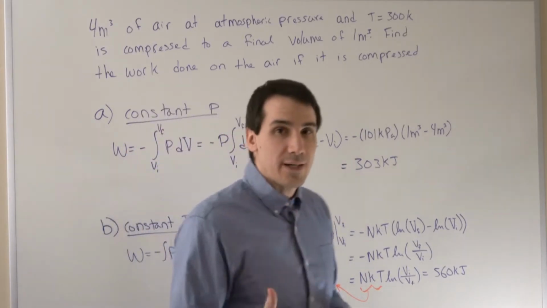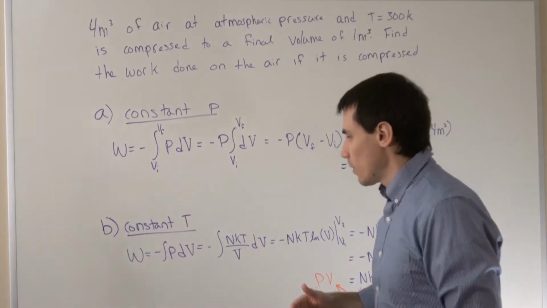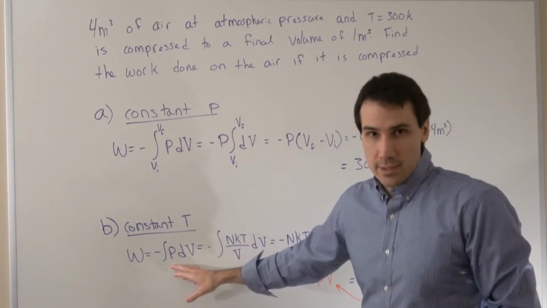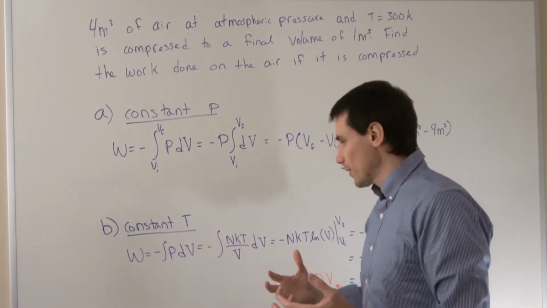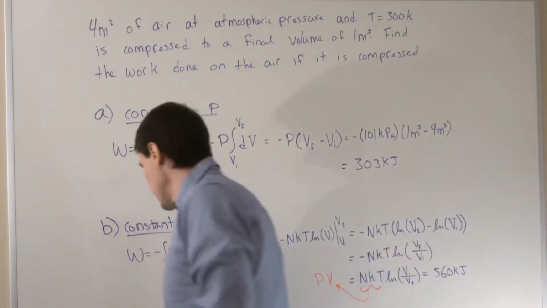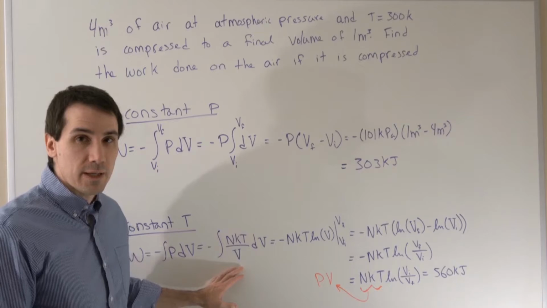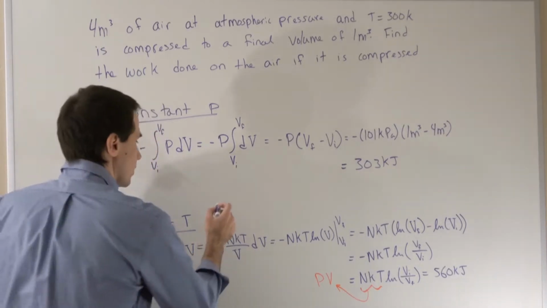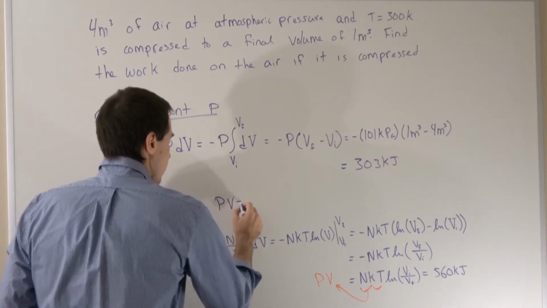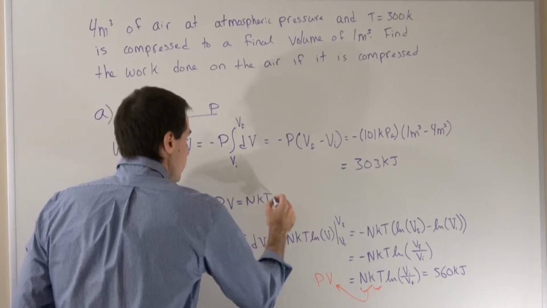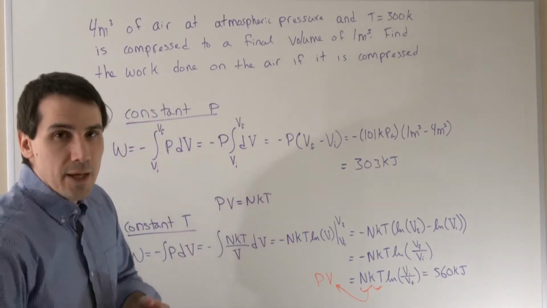Okay, if we do the constant temperature case, well, pressure is no longer constant, so we have to leave it inside of the integral. But we know that from the ideal gas law, pressure is nKT over V, right? We're just solving the ideal gas law, PV equals nKT.